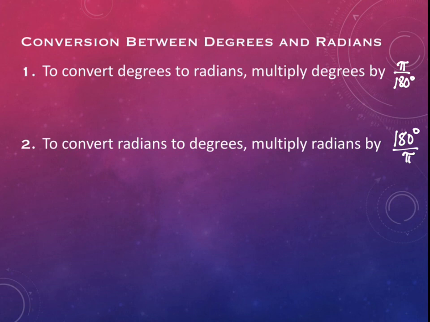And somewhere back in Algebra 1, you learned that you're able to multiply by the value 1 because it doesn't actually change anything. It's just changing how it's expressed. So that's what we're doing here. We're multiplying by the number 1 because 180 degrees and pi radians are exactly the same amount, just in different units. This is really a unit conversion.